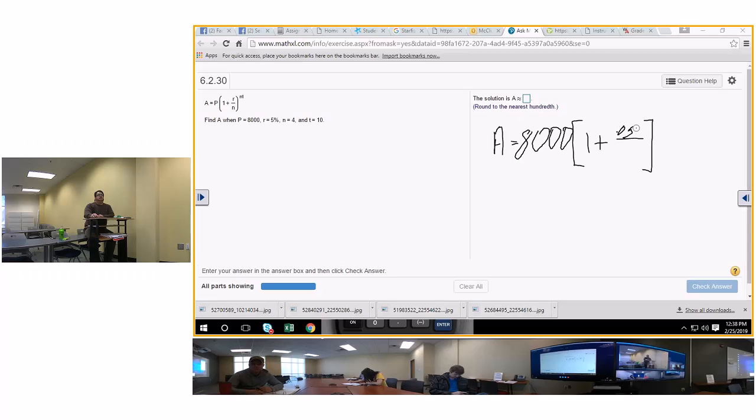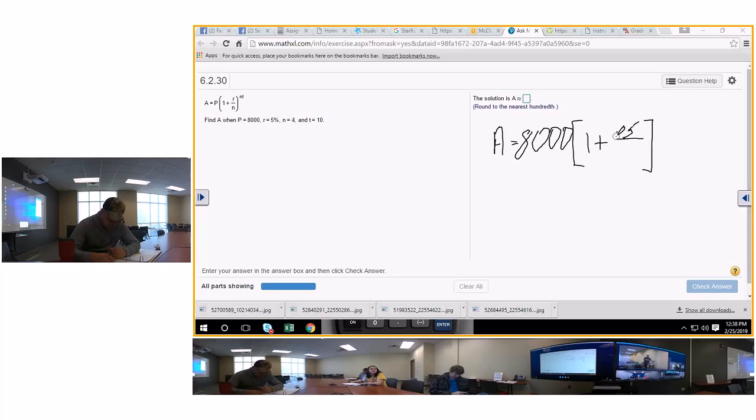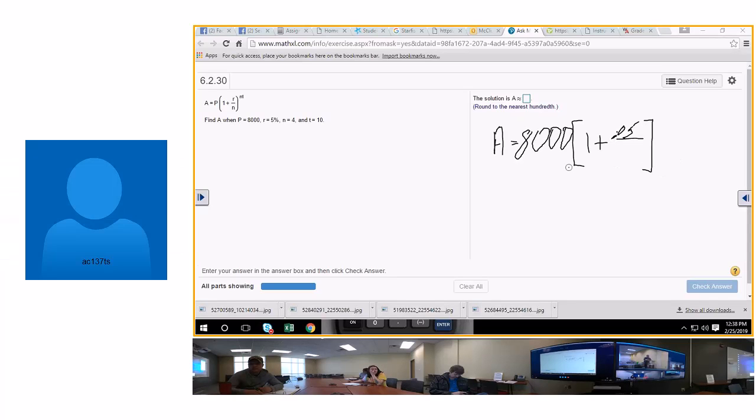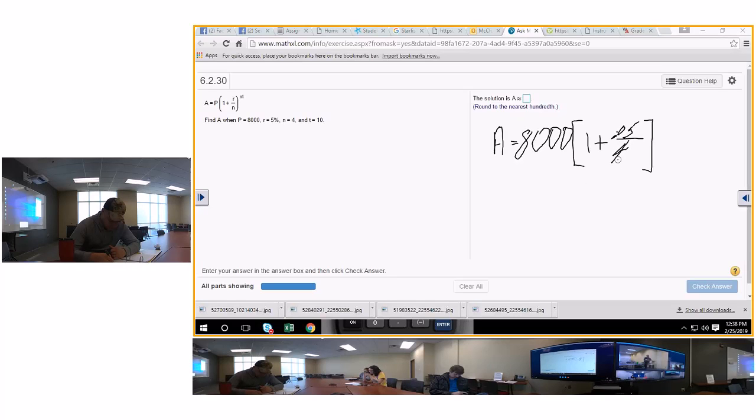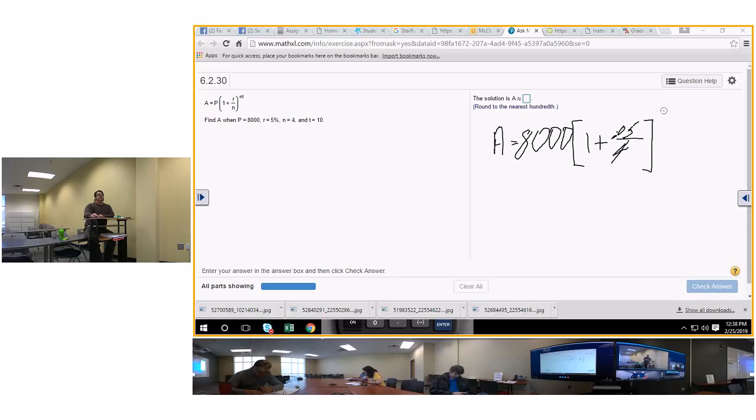Y'all ever tried to write with a mouse? It really sucks. Divided by 4, raised to the 4 times 10 is what? 40. 40th. Now you go to your handy dandy calculator.